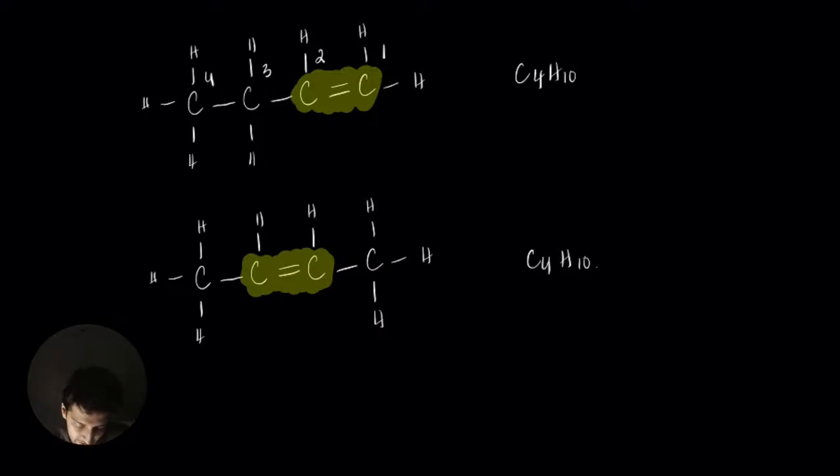Okay. So once I've numbered this, it is butene, but I would like to highlight where my functional group is. The functional group is on the first carbon, between the first and the second carbon. So I'll use the lower number. I'll say this is but-1-ene.